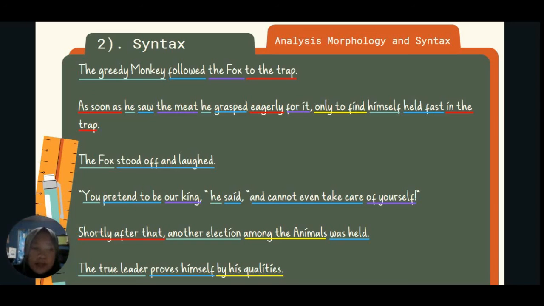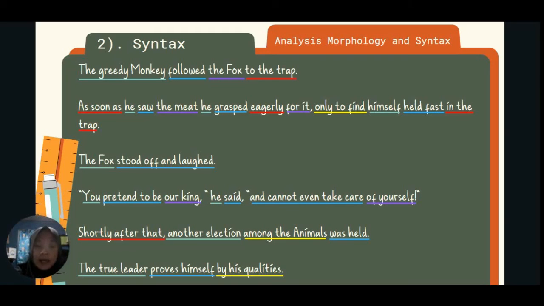Then, what about the third sentence, which only has 2 elements? Well, actually, in the syntax rules, a correct sentence only requires a subject and a verb. Okay? A correct sentence only requires a subject and a verb.